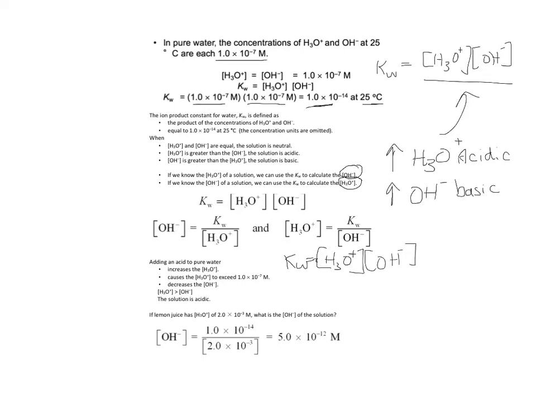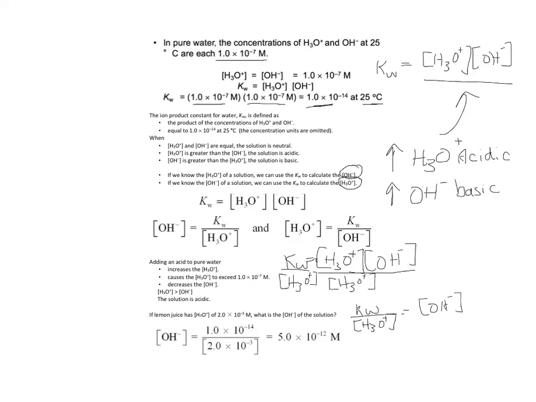In this case, we don't know the OH minus, but we do know the Kw, which is 1.0 times 10 to the negative 14, and we do know the H3O plus since we were given it. So we can solve for the OH minus by dividing both sides by the H3O plus. So then we get that Kw divided by H3O plus is equal to the concentration of the OH minus.